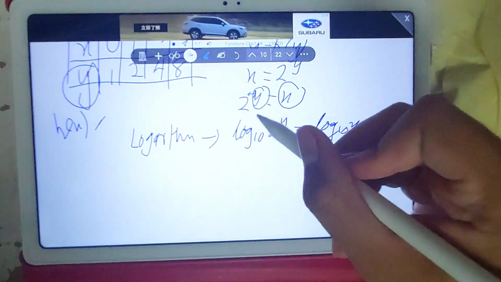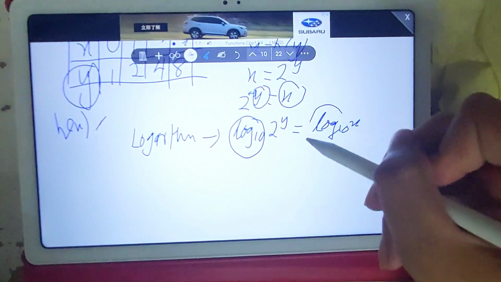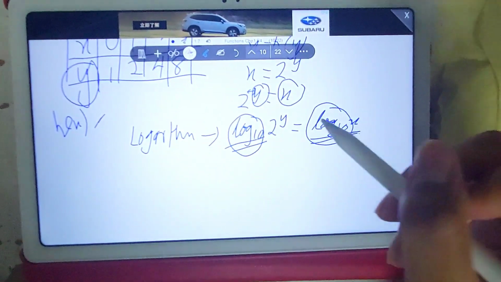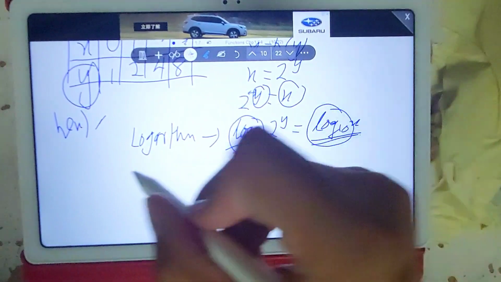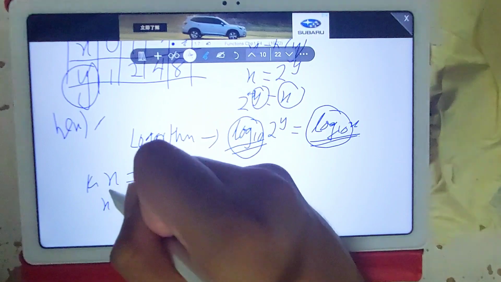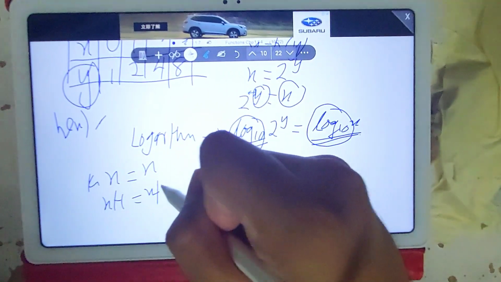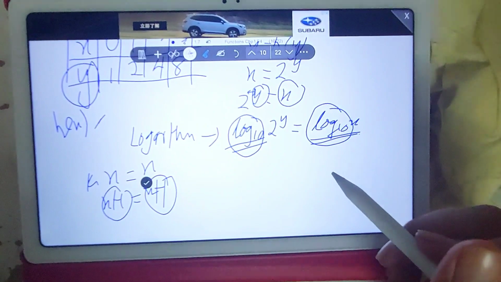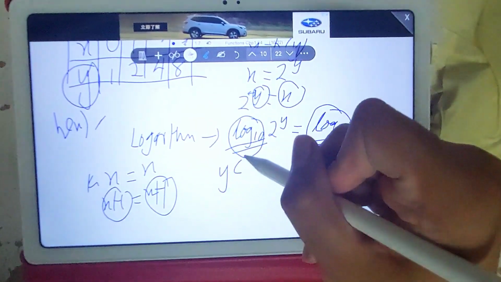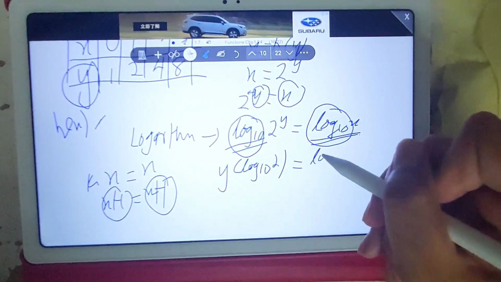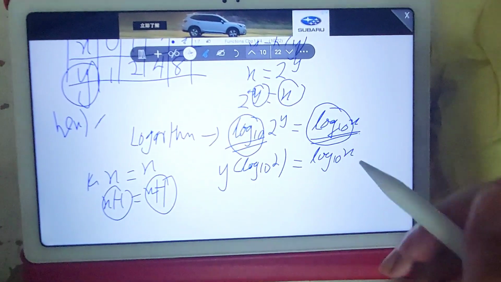So you're going to log 10 both sides. As you know, in maths, everything must be equal. If you log 10 one side, log 10 also has to be applied to the other side. Same like, if you want to say x is x, if I put x plus 1 here, means x also must plus 1 over here to be equal on both sides. So after you do this, you can automatically shift y down here based on the log rule you learn later in chapter 4 or form 4.